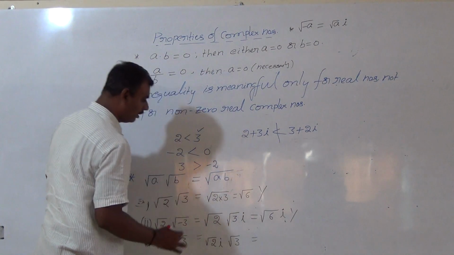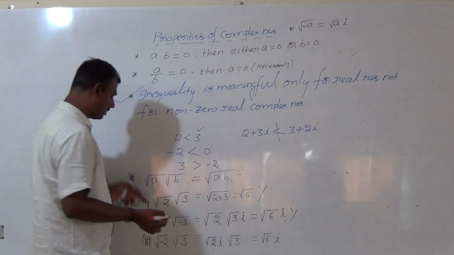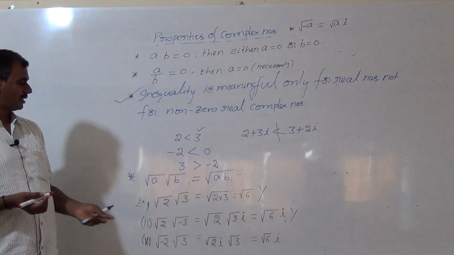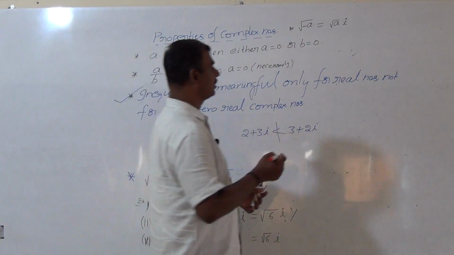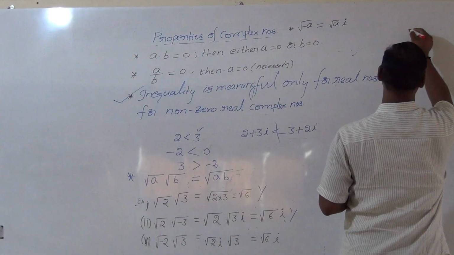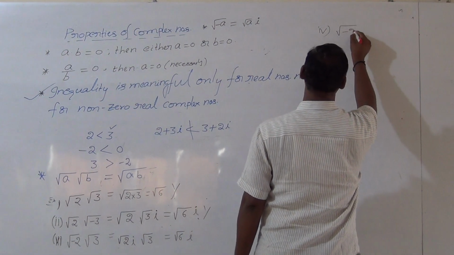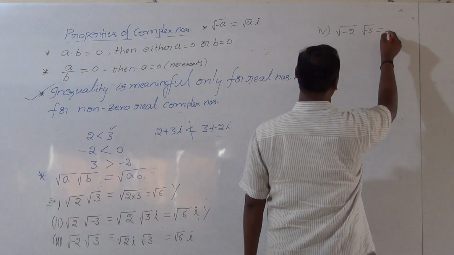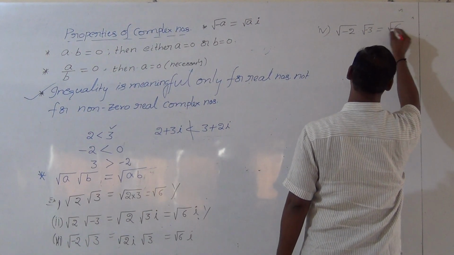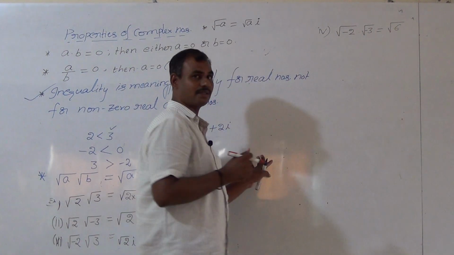This will be square root of 6 into iota. Hence, this is also true, LHS equals RHS. And one last example, the fourth example: square root of minus 2 into square root of minus 3, is it equal to square root of 6? Is it true or false?